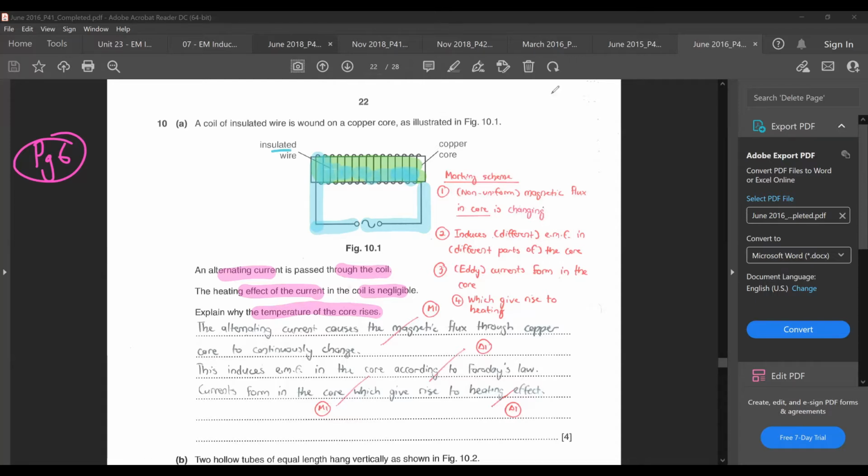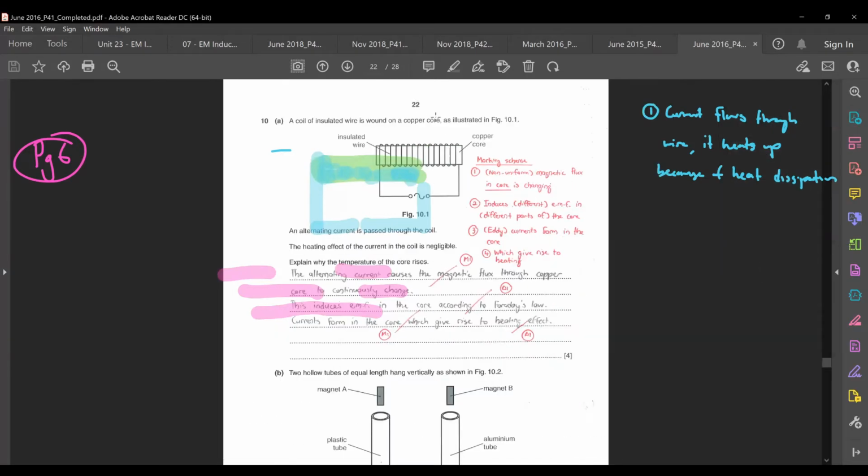Now, this wire is insulated. The thing that some people would think of is this. When current flows through a wire, it heats up because of heat dissipation.